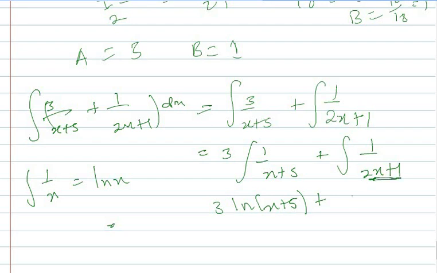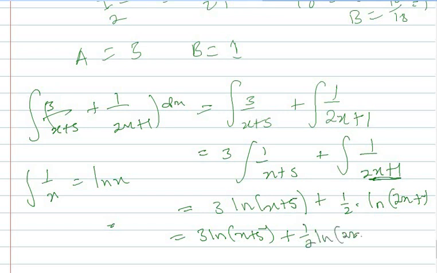The differential is 2, and the inverse of it is 1 over 2, multiplied by ln of 2x plus 1. Then the final answer should be 3 ln of x plus 5, plus 1 over 2 ln of 2x plus 1, plus c.